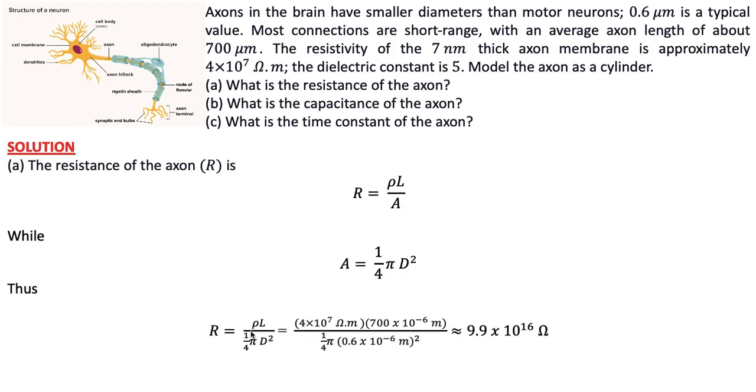Thus, the equation becomes this. Then we substitute the variable values, so we get this result. And we can say that the resistance of the axon is about 9.9 times 10 to the 16 ohms.